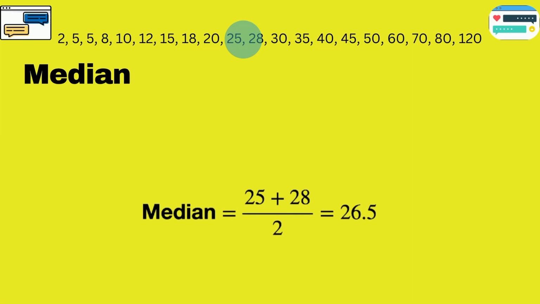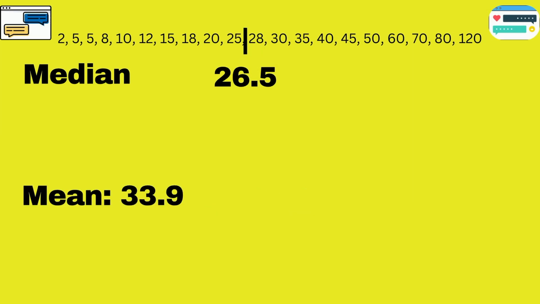When we do this, we get a median value of 26.5. The mean is larger than the median. Do you wonder why this difference exists? We'll explore this later in the video.